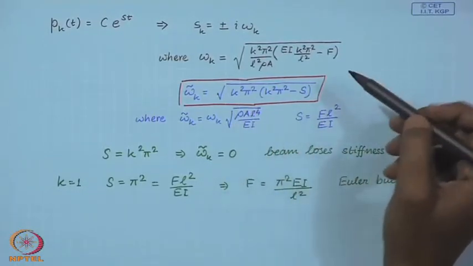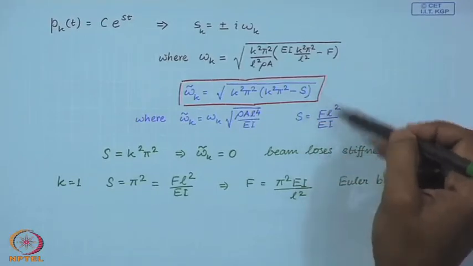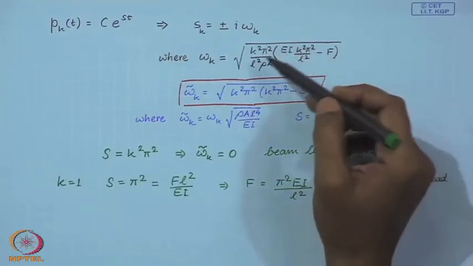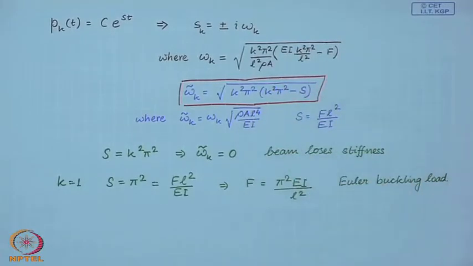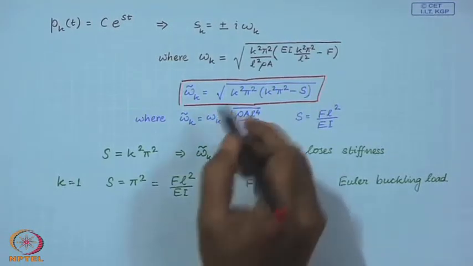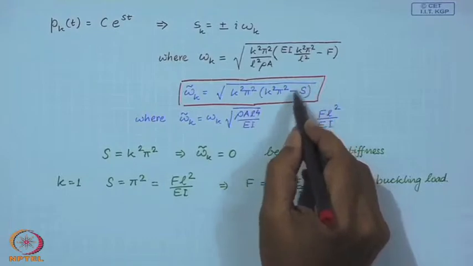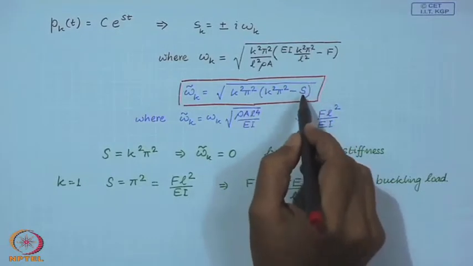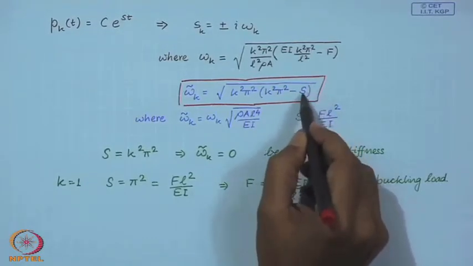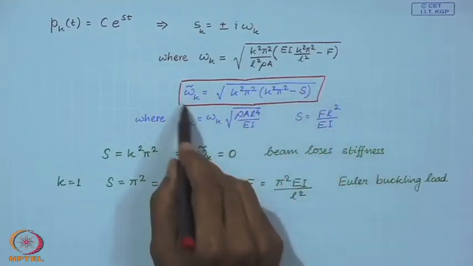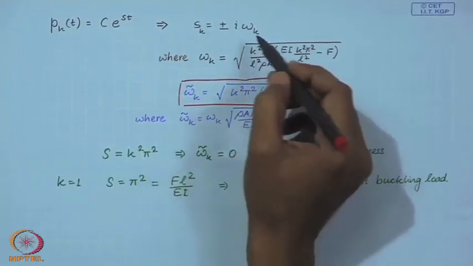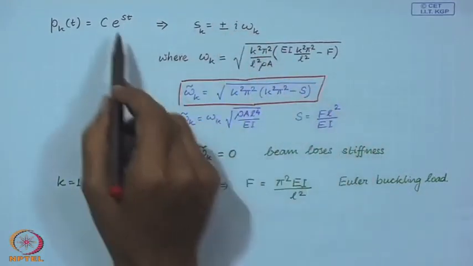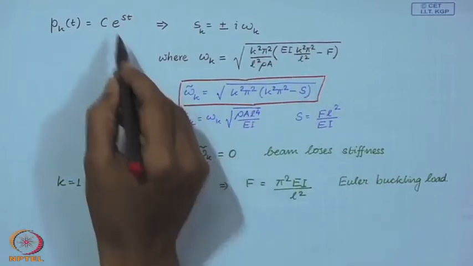So, the way we have arrived at this Euler buckling load is through the dynamics. Let us first see this. When we are increasing S from 0, then this omega k is a real number.